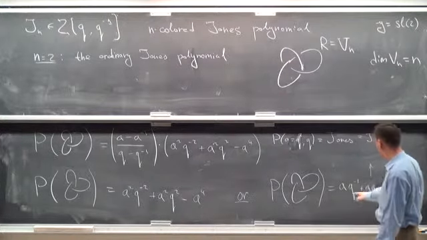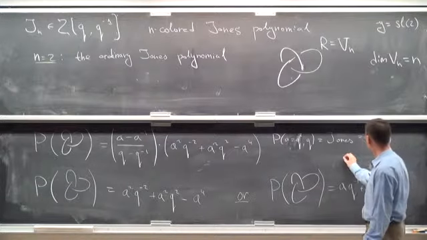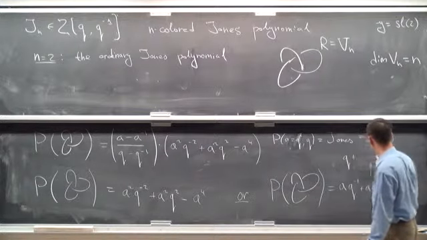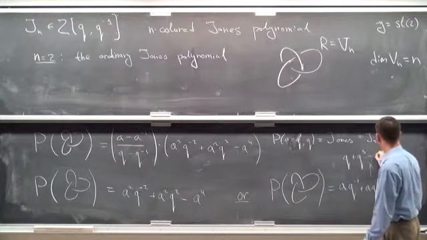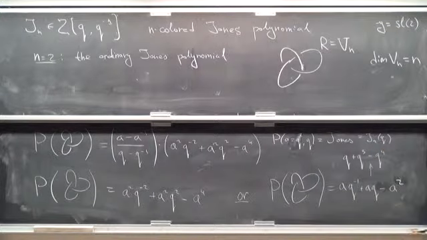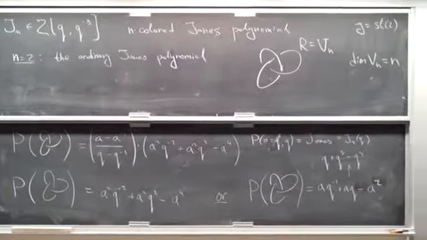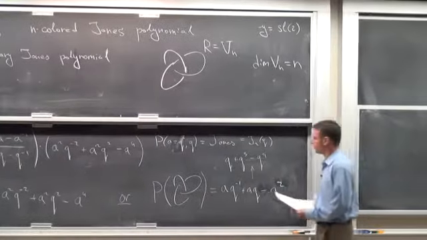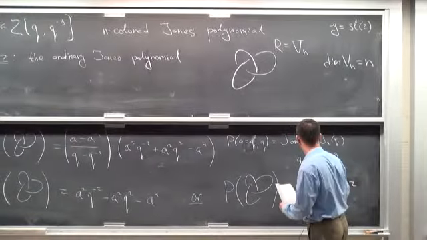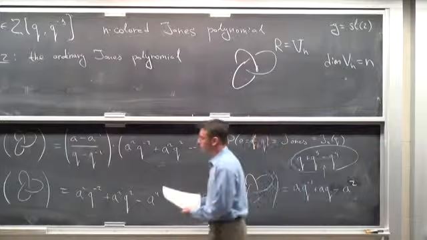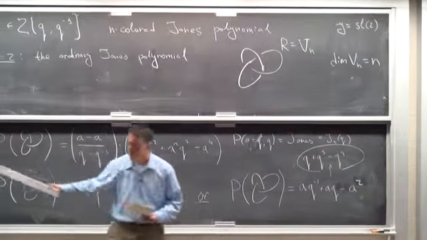So for the trefoil, in these conventions, we would have, let's say, q plus q cubed minus q to the fourth. Same as that guy.